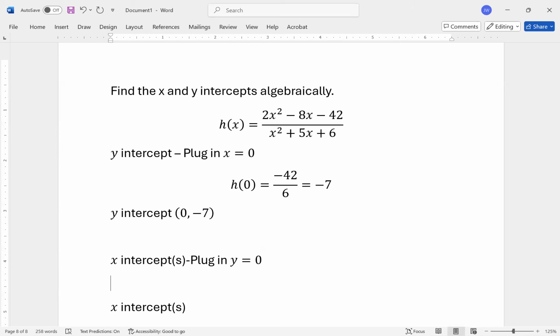To find the x-intercepts, we'll plug in a y value of 0. So the output value needs to be 0. If the output value is 0, then the numerator has to be equal to 0.